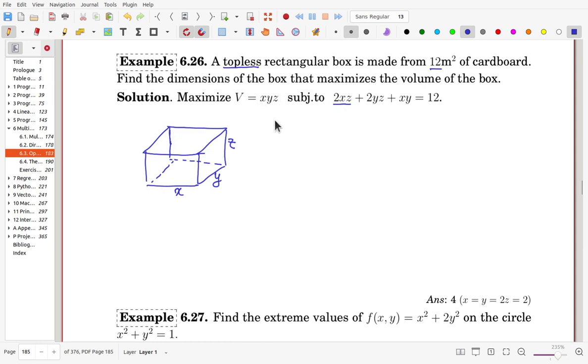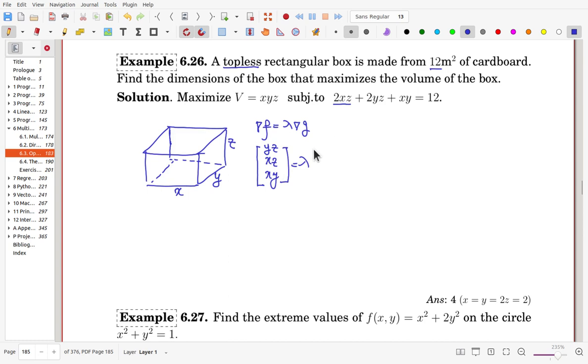Now we'll use the method of Lagrange multipliers. Gradient of f equals lambda gradient of g. Here the x derivative is yz, the y derivative is xz, and the z derivative is xy.